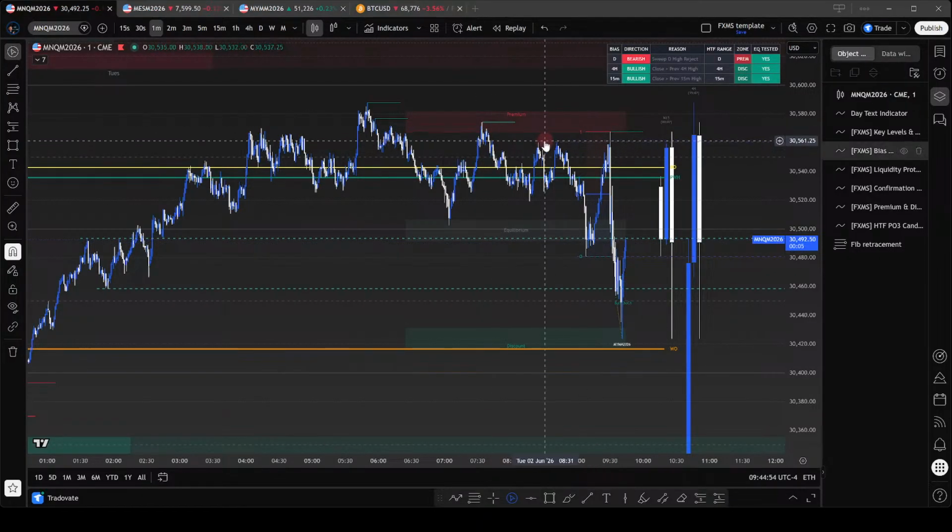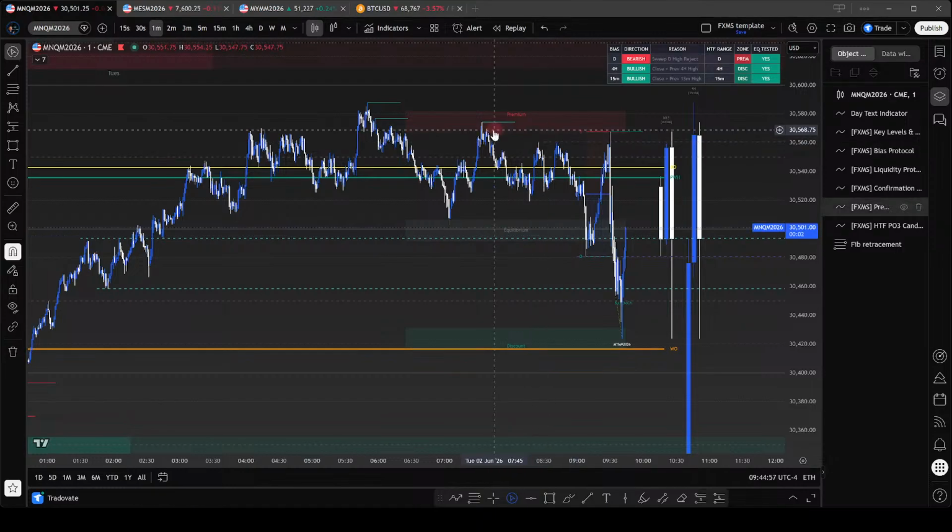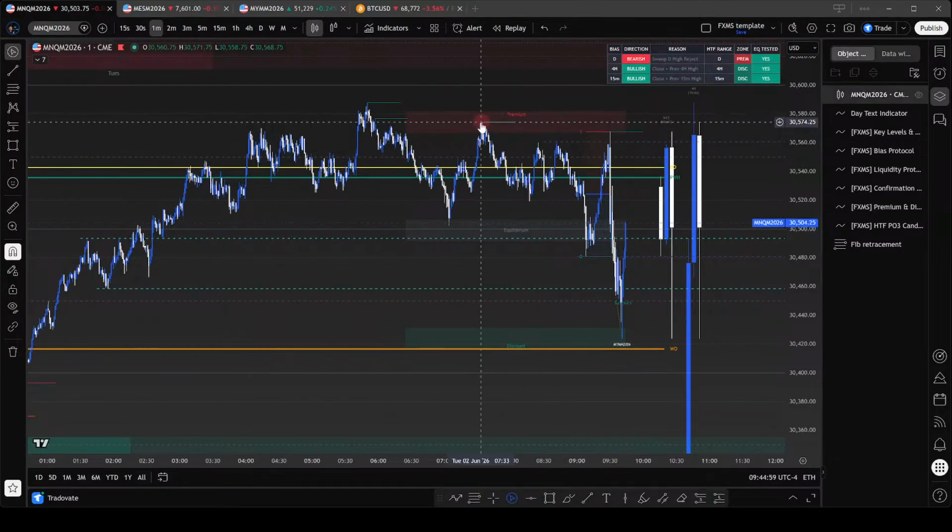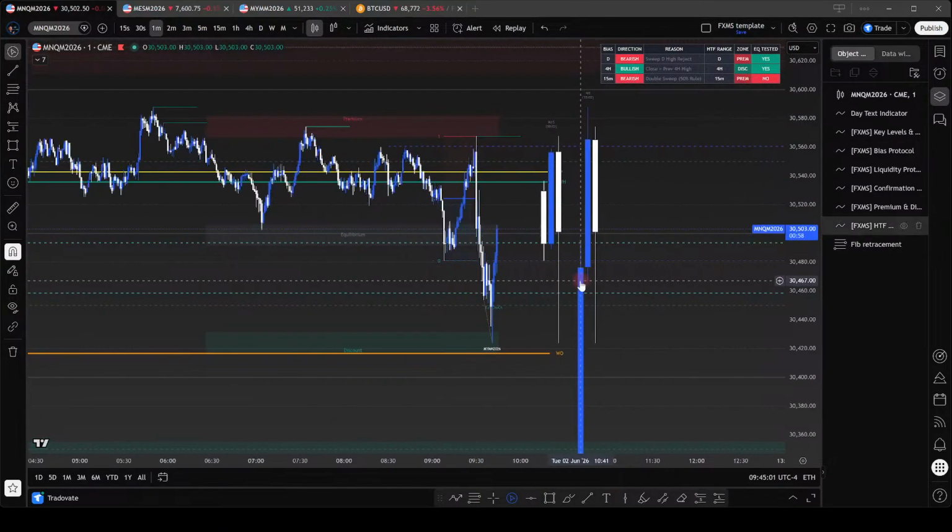This was such a nice internal grab, respecting that, right? You see the order block there, and then the push down.